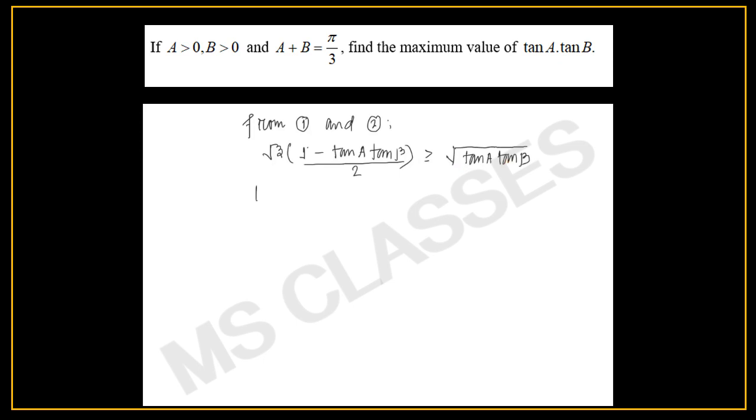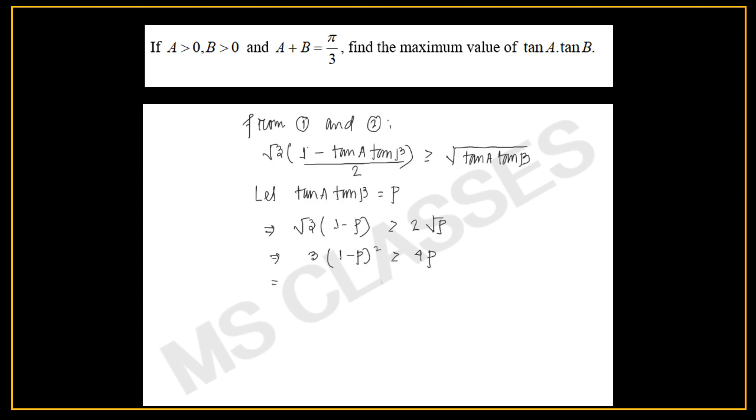Now for simplification, we take tan a tan b equal to some p. Now we substitute in the above equation, so it is root 3 into (1 minus p) is greater than or equal to 2 times root p. Now from here we can simplify further and we write 3 into (1 minus p) whole square greater than or equal to 4p.